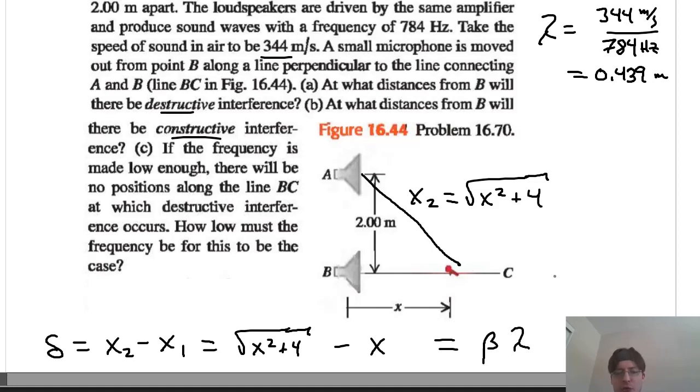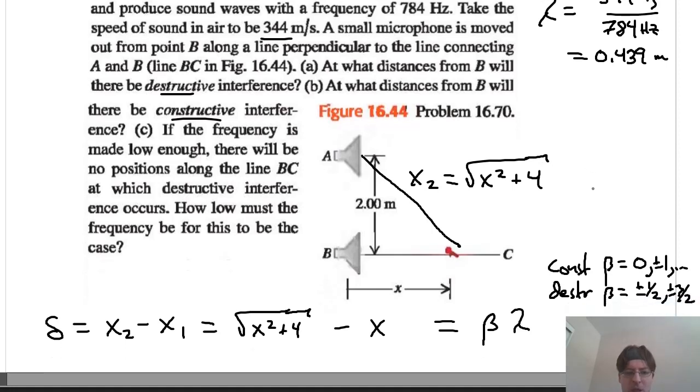That way, constructive interference means that I can plug in beta values which are 0, plus or minus 1, and so on. And if I want to solve for the destructive points, I'll set beta equal to plus or minus a half, plus or minus 3/2, and so on. That way I just get one equation for all the different possibilities.